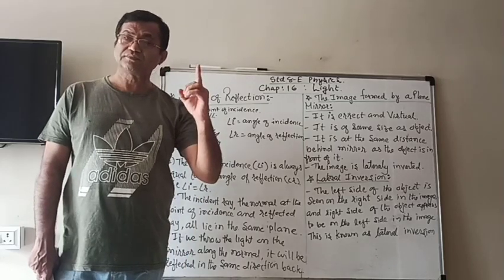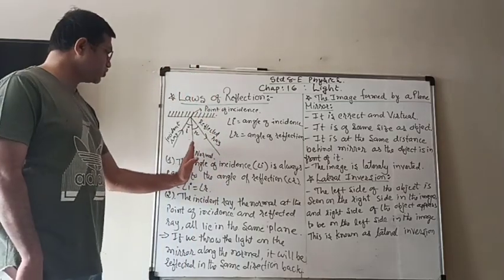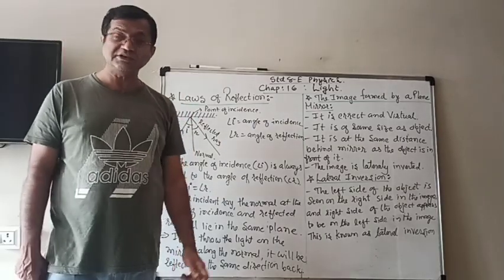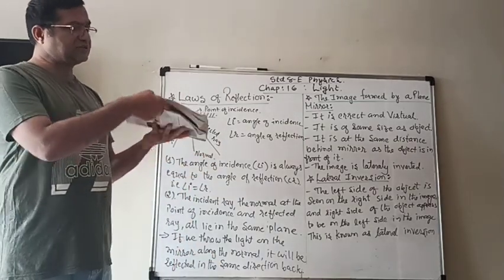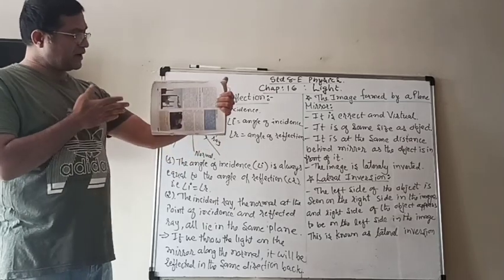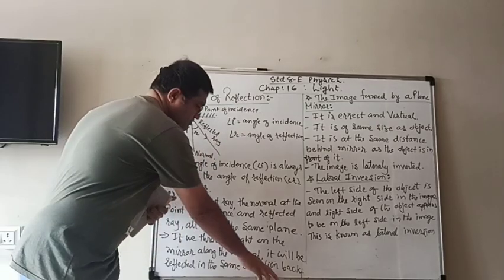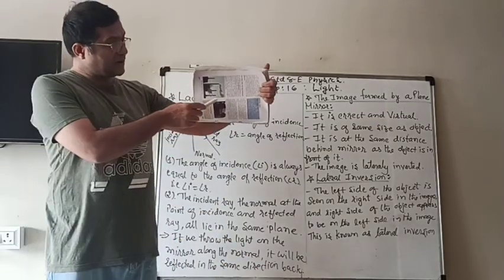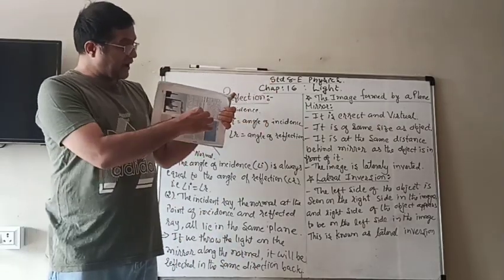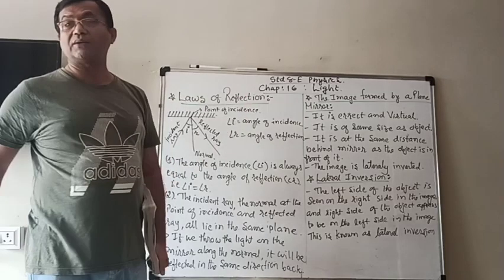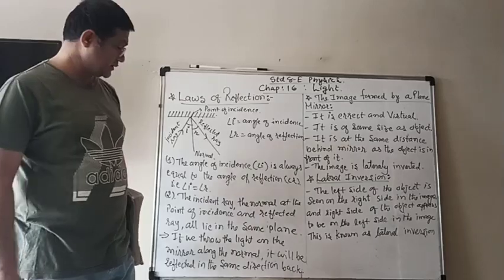Now suppose we throw the light exactly through the normal. If this is a mirror, we saw that the incident ray was making an angle. But what if I throw it exactly at a right angle, toward the normal?